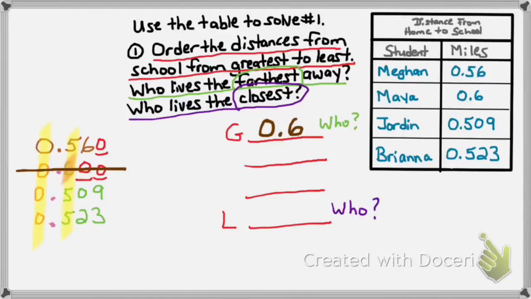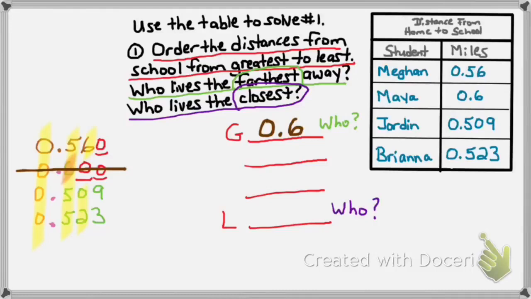Now I go back and I look at this column again, because I did not use all of the numbers, and I see 5, 5, and 5. Well, all of those numbers are the same, so I cannot compare those numbers with this column. So I move on to the next column, and I see 6, 0, and 2. Those numbers are different. Since I'm ordering from greatest to least, I'm going to look for the greatest of those digits.